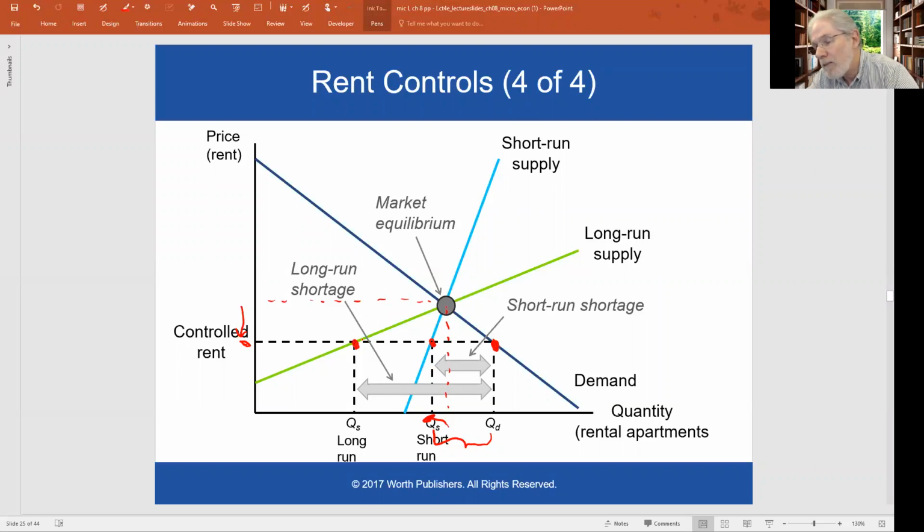Over time, we don't know how long the long run is here, say maybe it's 2 years or 3 years, then the quantity that will be available is going to go down, which means the shortage, which was this area, becomes a much bigger area. Okay? That is an important thing to notice about rent control and other price ceilings. They create shortages, which will be relatively small at first, but over time, they get bigger and bigger.